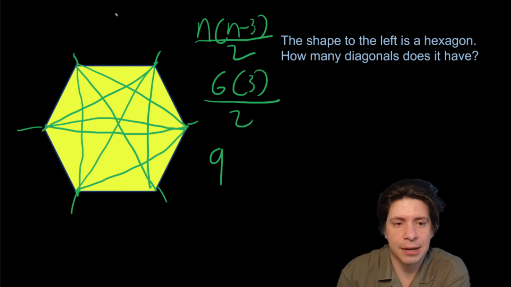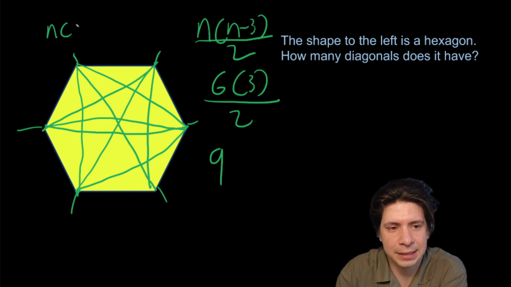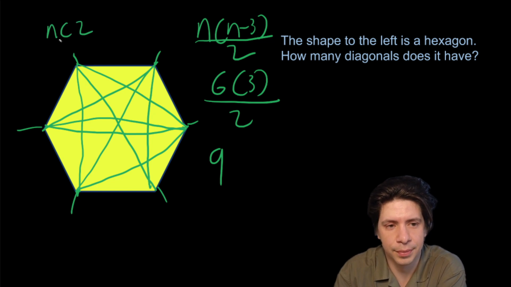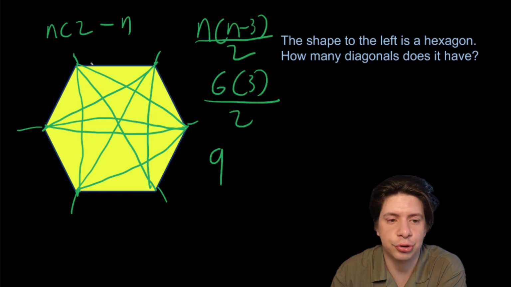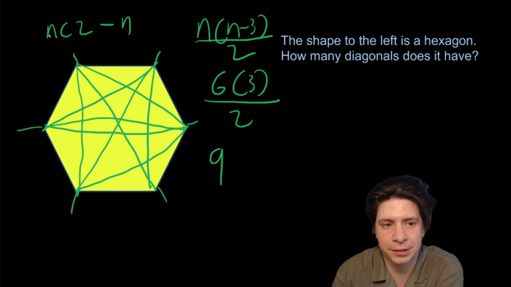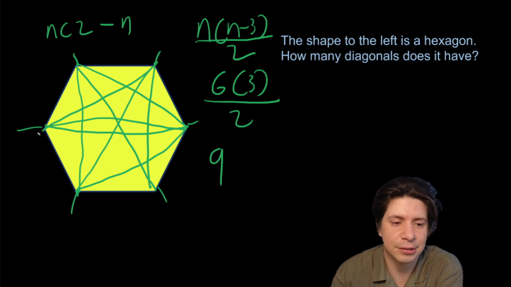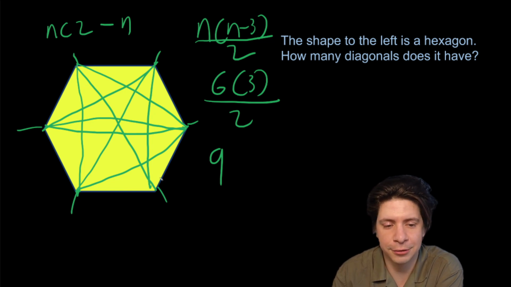Okay, so that's the formula you can derive just by drawing it out. Another way you could think about it is using combinatorics, which would be nC2 minus n, because nC2 is saying you have a certain number of points you're choosing. So in this case, it would be 6, and you're choosing 2 connections, so any 2 connections. But in this case, we're counting the sides as values, so we have to take them away to just get the diagonals.